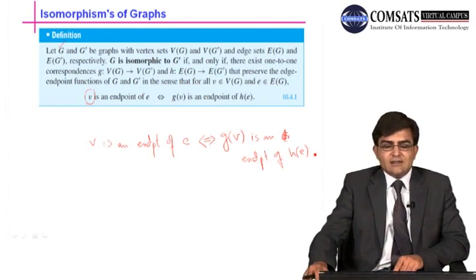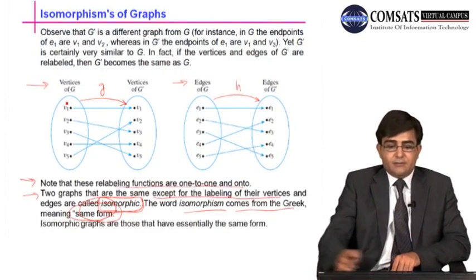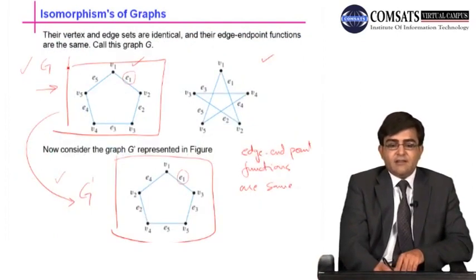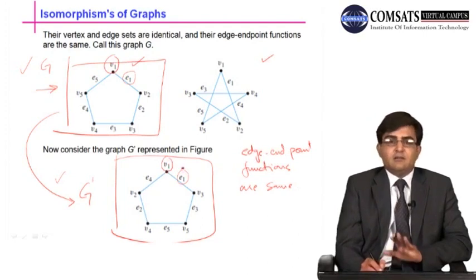For example, if V1 is the endpoint of E1, then in the other graph V1 must be the endpoint of E1 also.